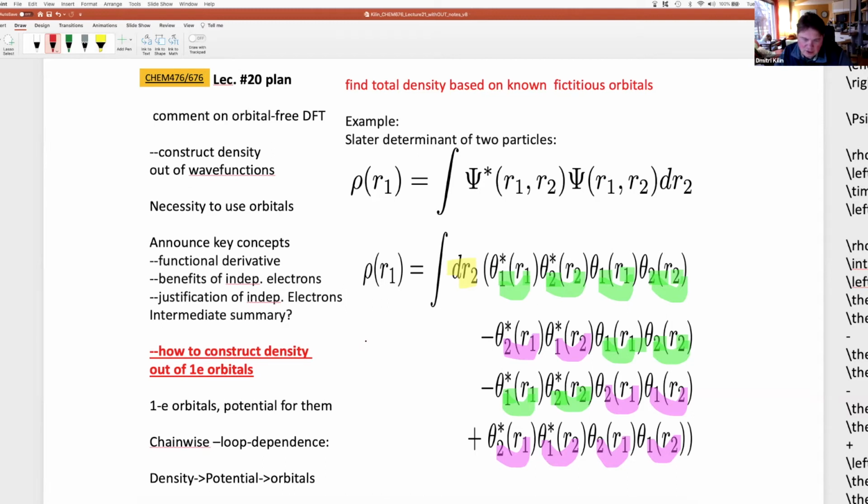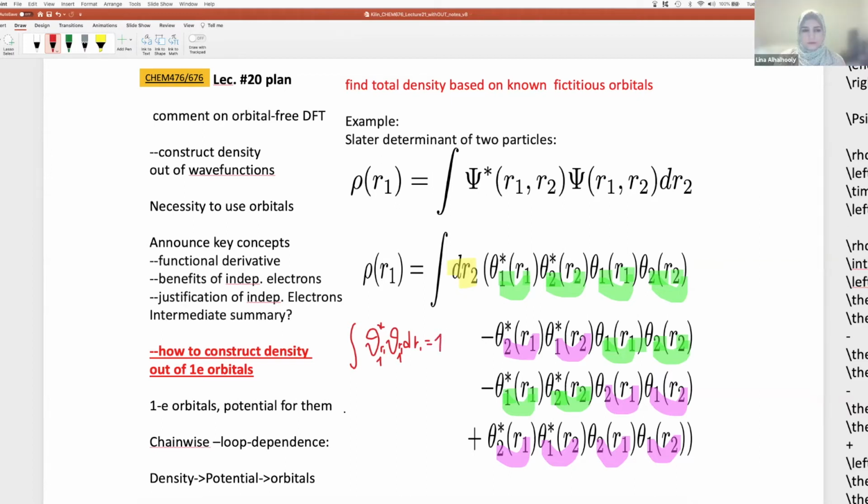If I have theta 1 times theta 1 star, and they depend on the same argument, R1, d R1, what will be the result? 1.